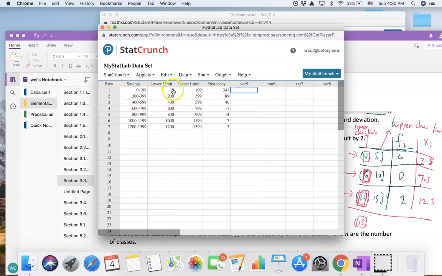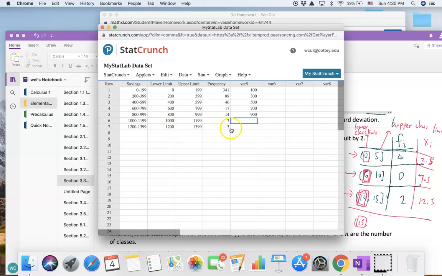So the average between 0 and 200, that will give us the middle point for the first class. So it's 100. For the second class, the average between 200 and 400, that's 300. Okay, and then we have 500 and 700 and 900.